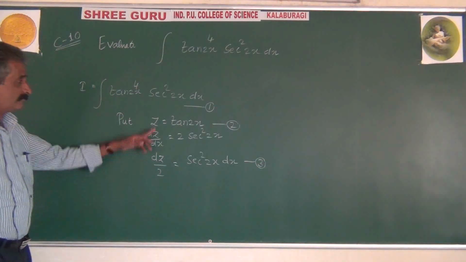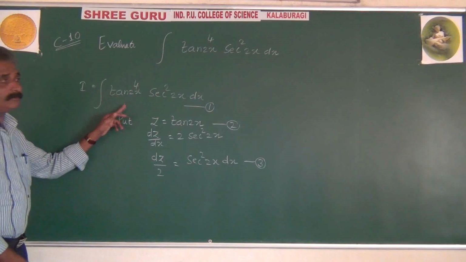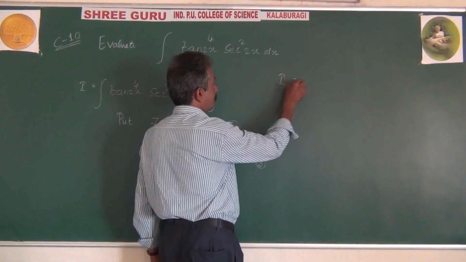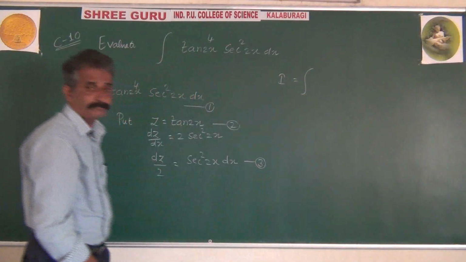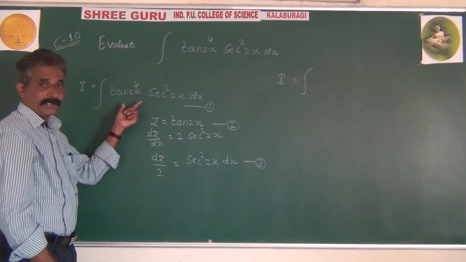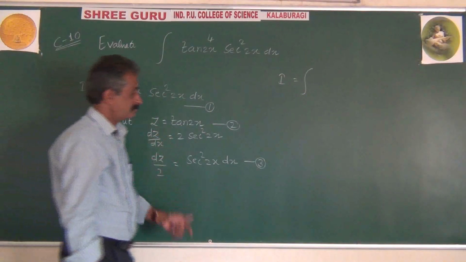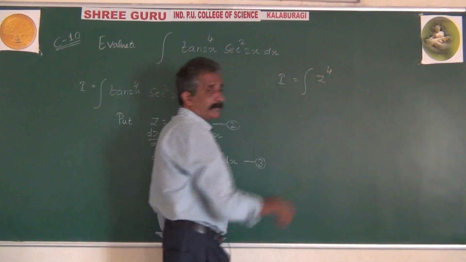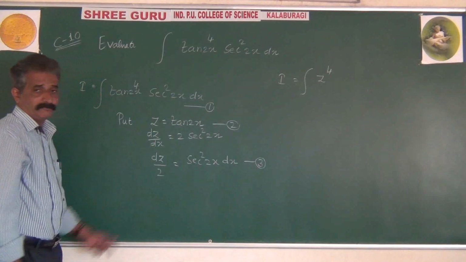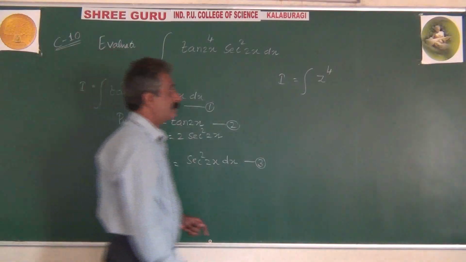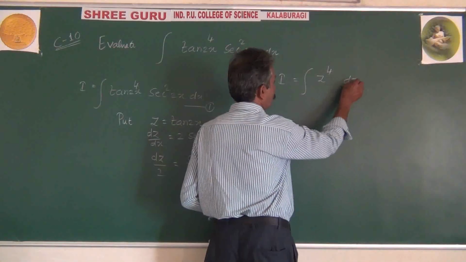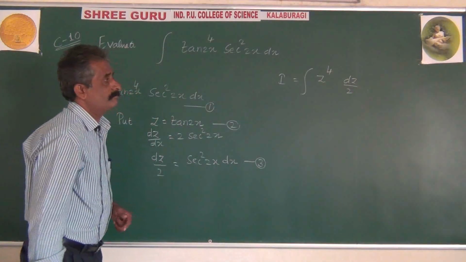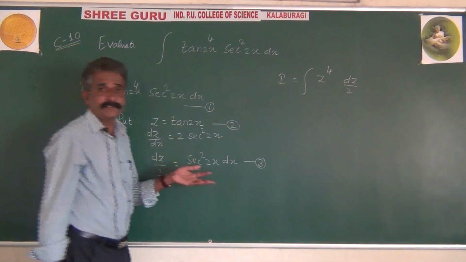Now write from 2 and 3 using in 1. Now I becomes integration. For tan 2x we can write z, power 4 remains same, whereas secant square 2x dx becomes dz by 2. Now it's a normal integration.